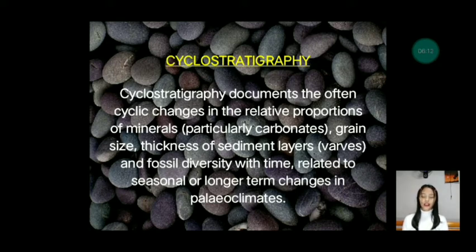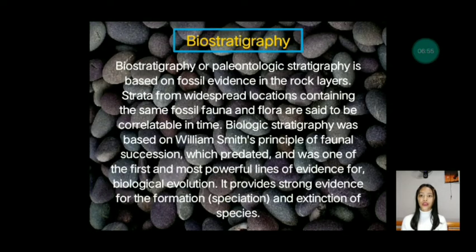So, now let's proceed to the second subfield related to stratigraphy, the biostratigraphy or paleontologic stratigraphy. It is based on fossil evidence of the rock layers. Strata from widespread locations containing the same fossil fauna and flora are said to be correlatable in time.